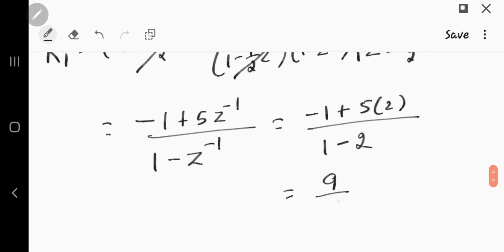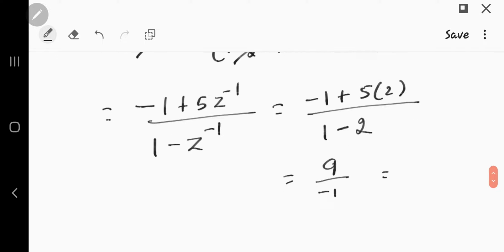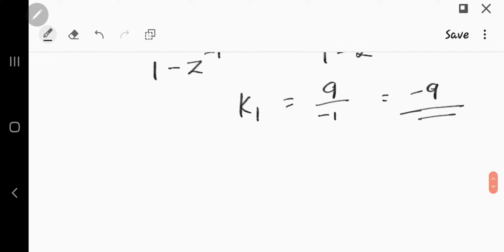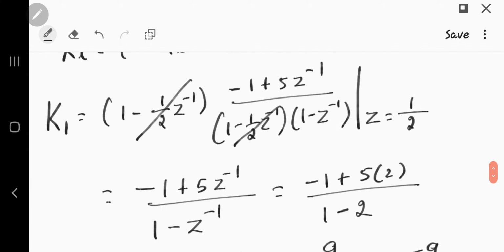And in the denominator you will get minus 1. So the value for k1 is minus 9. So that is the first term. Going to the second one, k2. So for k2, we are going to repeat the same thing here.